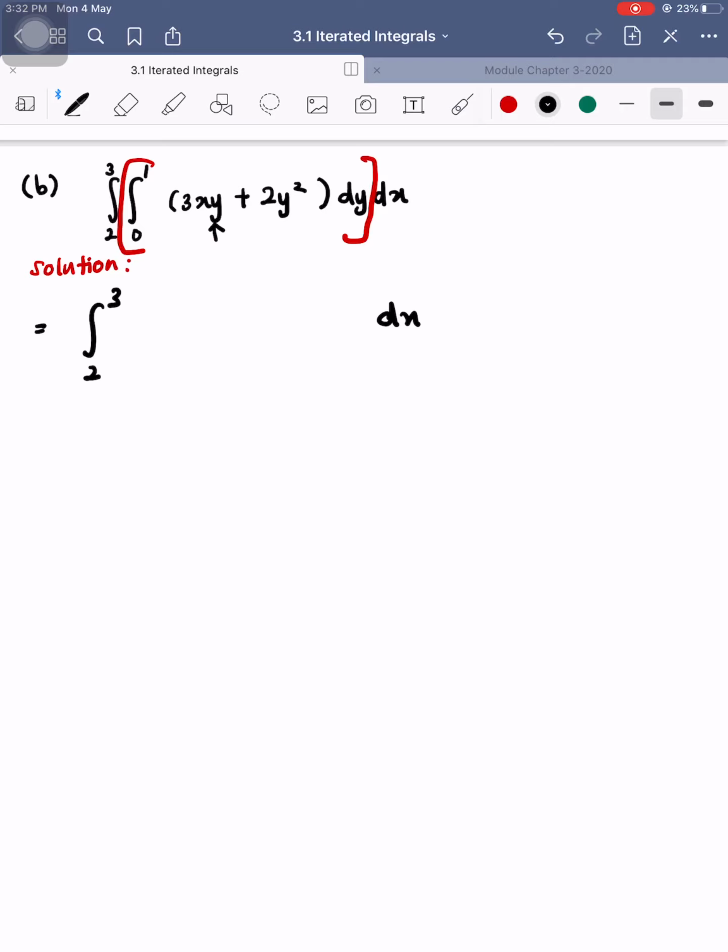So x becomes constant. 3x constant follows. So you integrate y, it becomes y squared over 2, plus, integrating with respect to y, you will get 2 follows y to the power of 3 over 3, from 0 to 1.